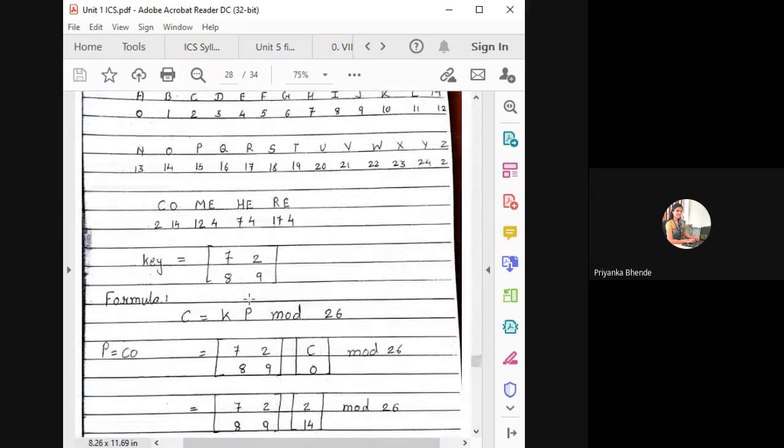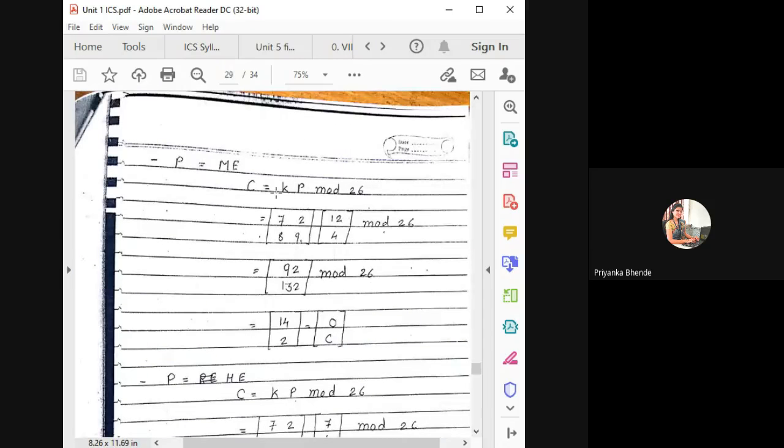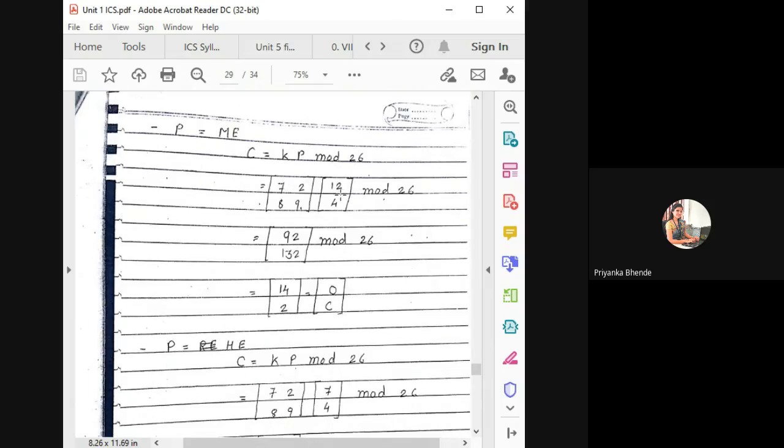Now similarly we consider the next pair, that is ME. Again we put the formula C equals K P mod 26. Now K is 7289 and the plain text is ME. The corresponding value of M is 12 and the value of E is 4, mod 26.